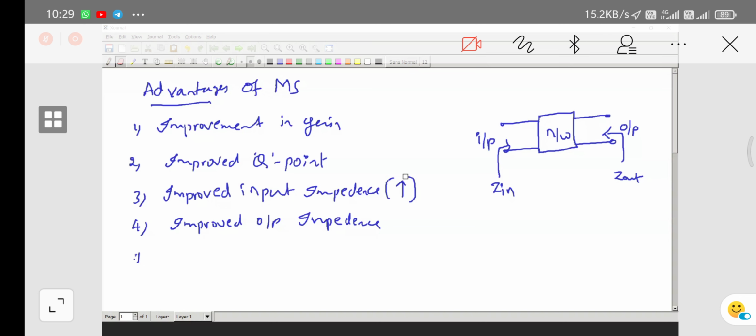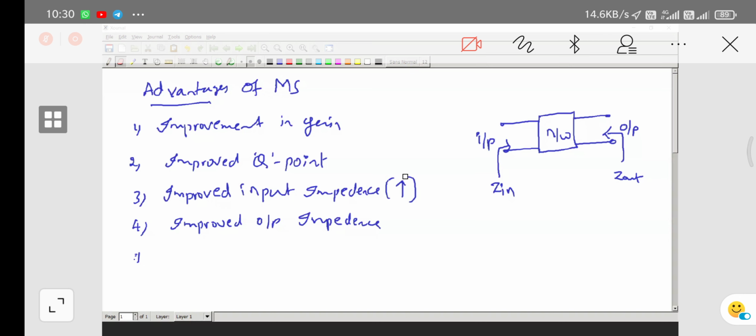The second type of coupling is RC coupling. Here we use resistors and capacitors in between the two amplifiers. That is called an RC coupled amplifier. One more type is transformer coupling, which means we use transformers in between the stages, so that the output of one amplifier is given to the input of the second one.